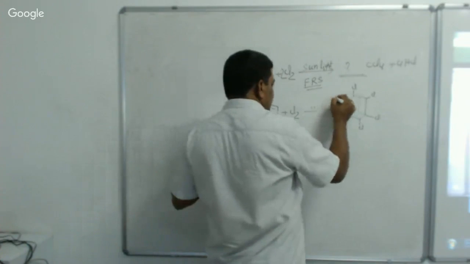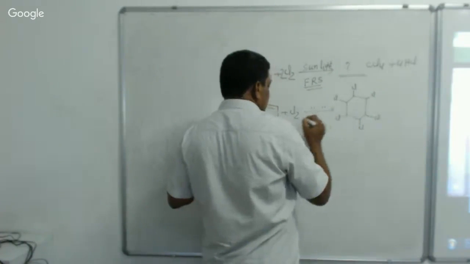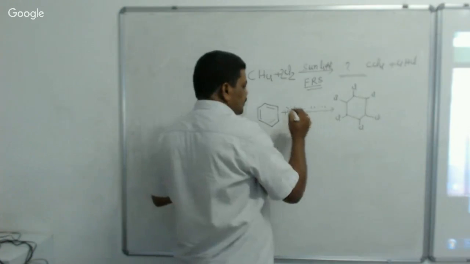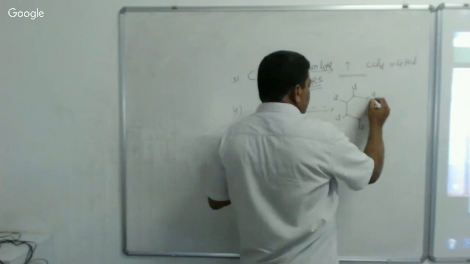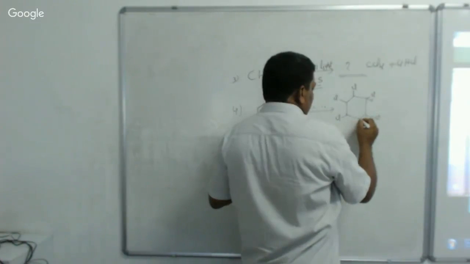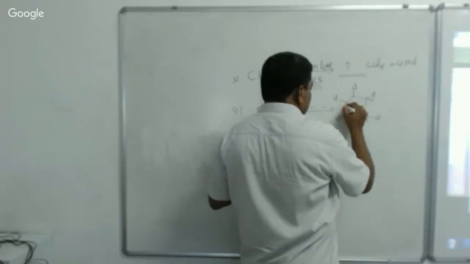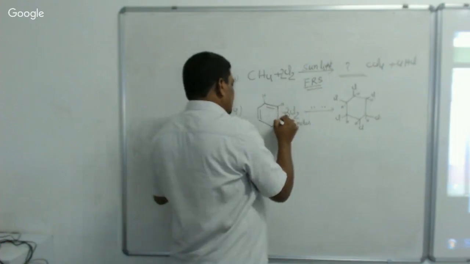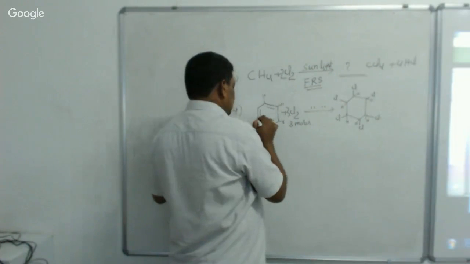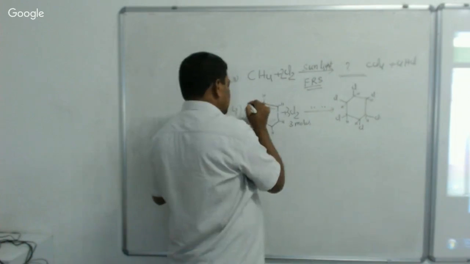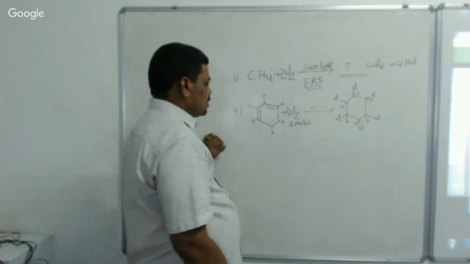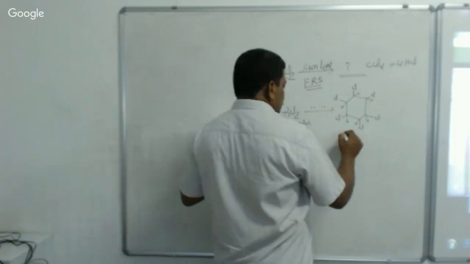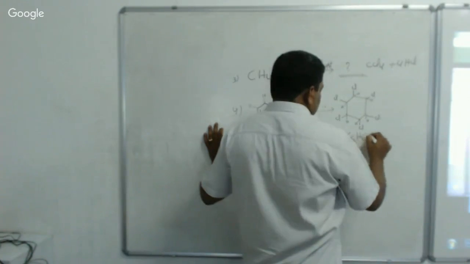This pi bond contributes 2 more chlorines. So total 3 moles of chlorine react. And each carbon is already connected with 1 hydrogen. That's why finally the C6H6 benzene is converted to C6H6Cl6.